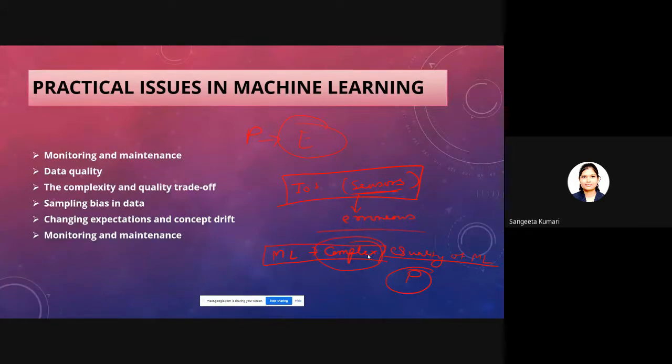So now coming to monitoring and maintenance. Say for spam detection, you made this machine learning algorithm in 2010. At that time, you knew the categories of spam and non-spam mail.